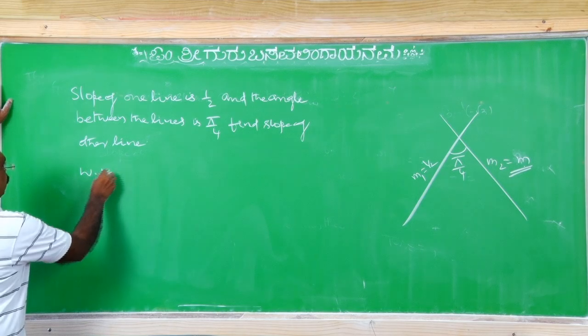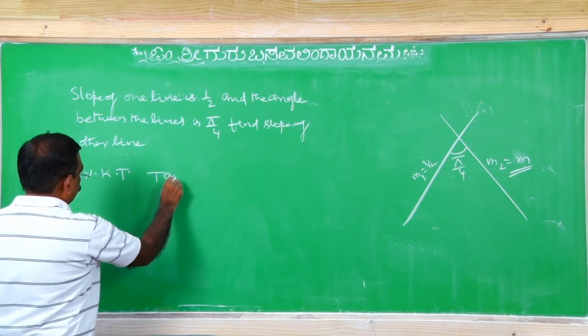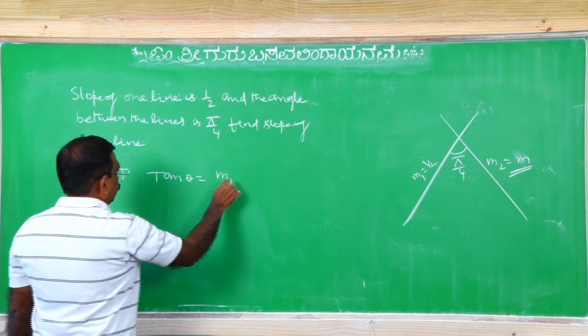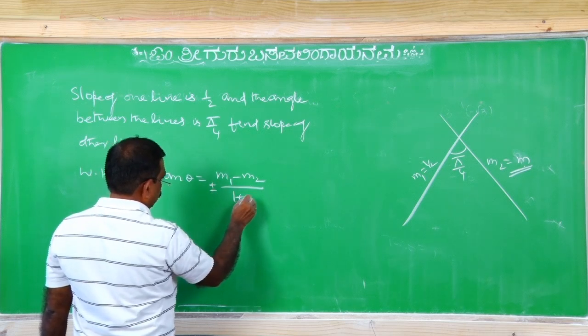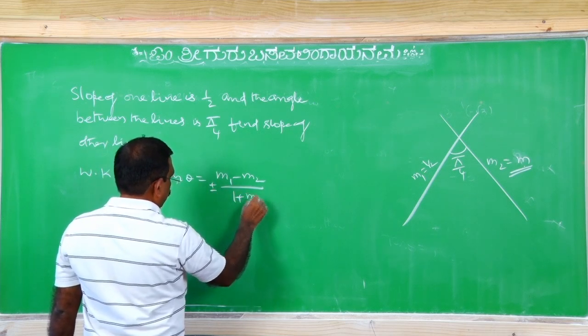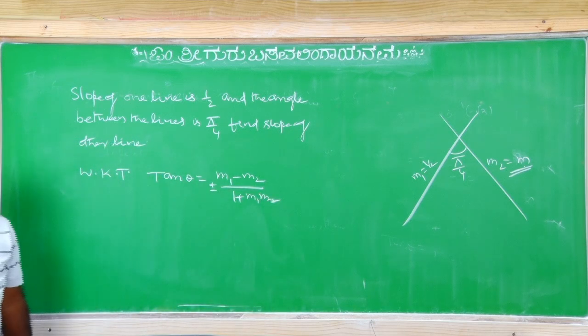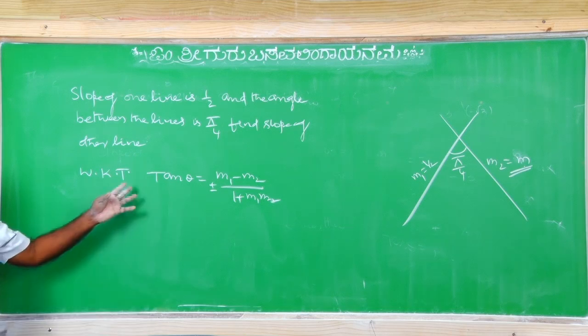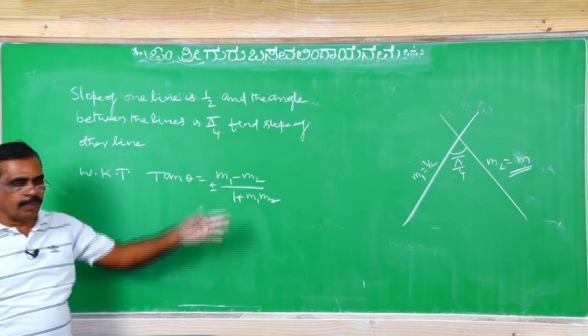We know that tan theta is equal to plus or minus (M1 minus M2) by (1 plus M1 M2).